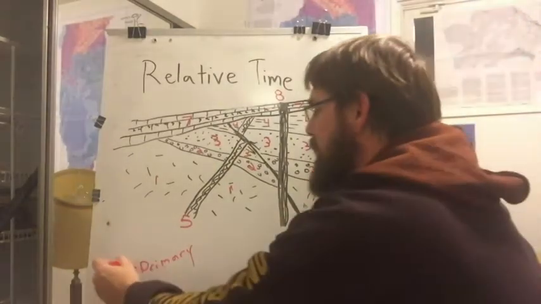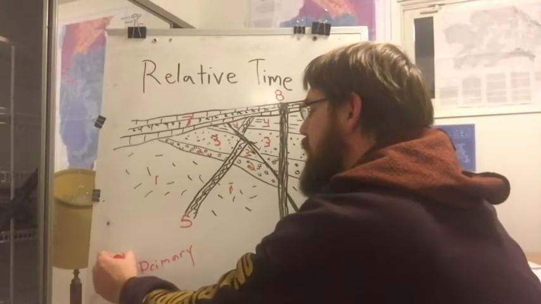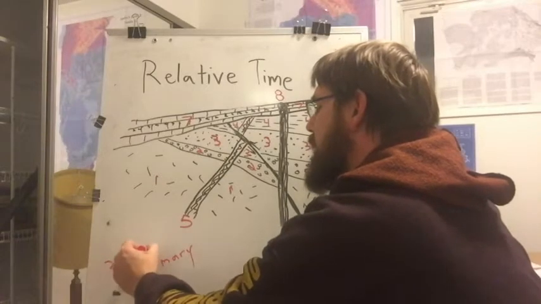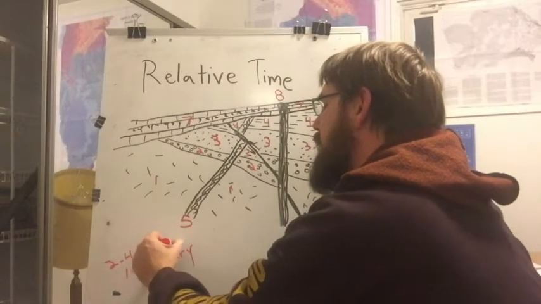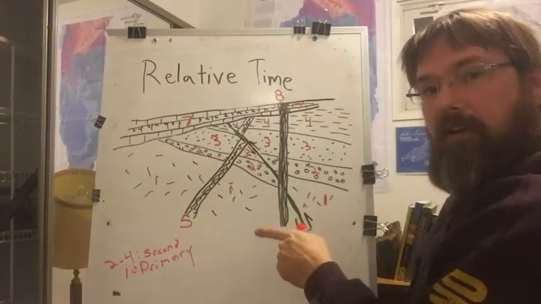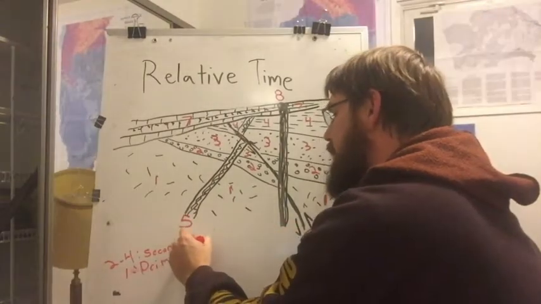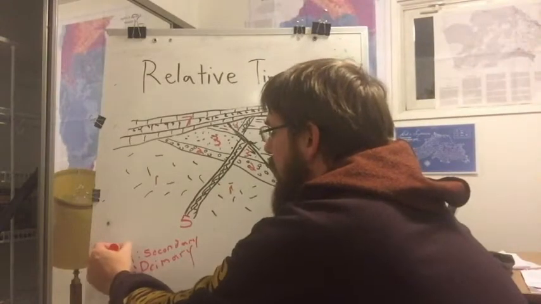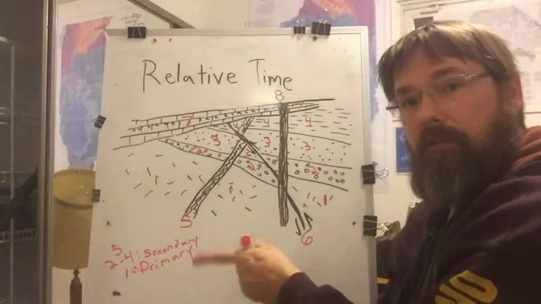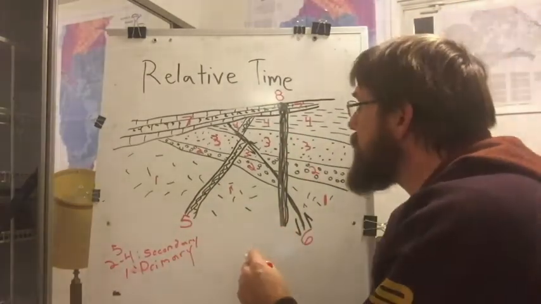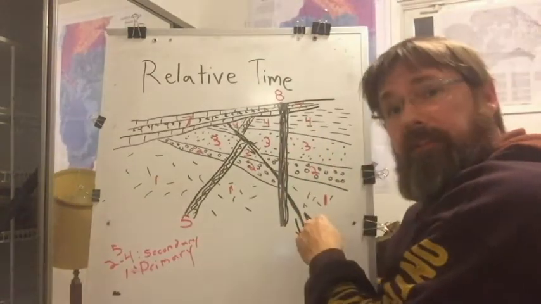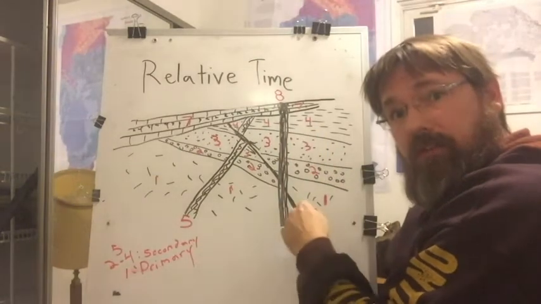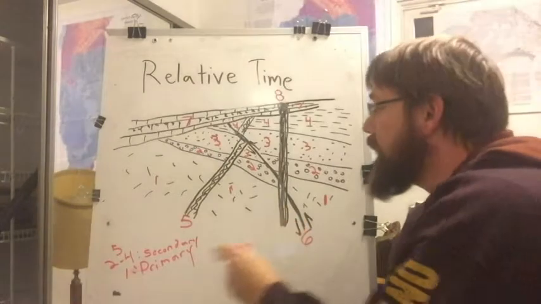And then my units 2 through 4 would be my secondary units. Unit 5 could either be secondary or not, so I'm just going to write the number. Like I said, 6 is not a geologic unit, it's a geologic event, so it's not included.